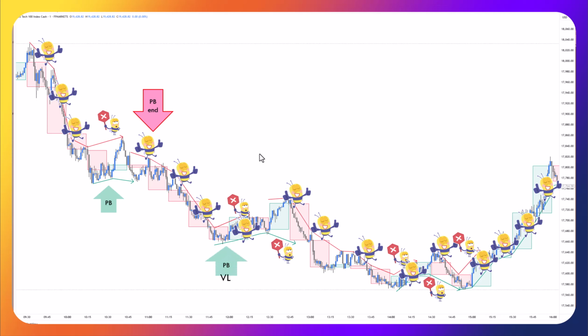So here again, a valid low, because we have the close of the candle that broke the high of the previous candle. And also here we have the close of the candle which breaks the prior candle's wick, and you're looking for a sell. Again here, pullback and valid low, and the end of the pullback, valid high.